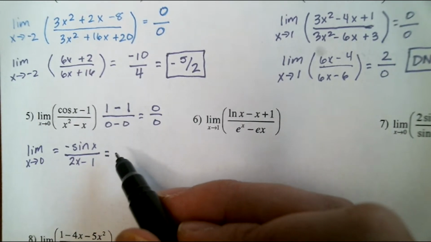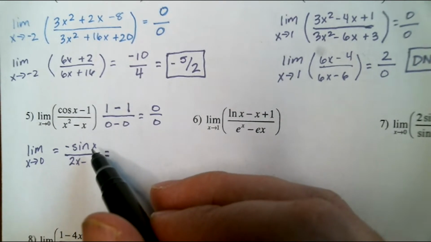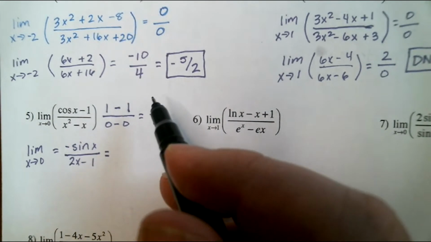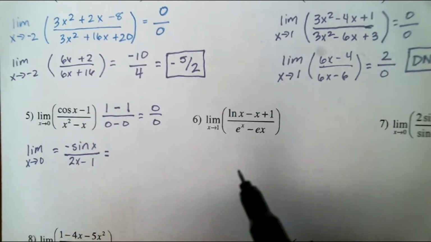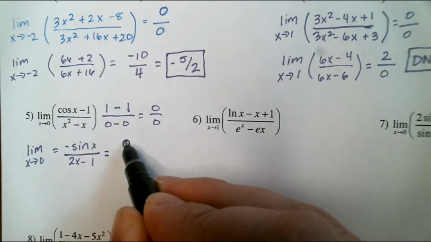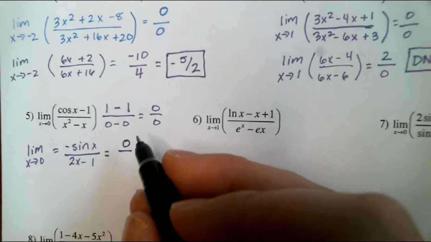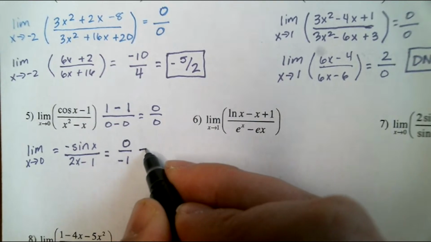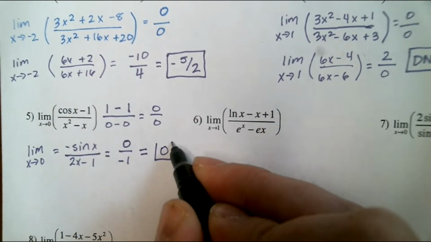So then from there, plug it in. Negative sine x of 0 would be what? Should just be 0 over, and if we plug 0 in there, we get negative 1. So then therefore, when 0 is on top, we say it is 0.